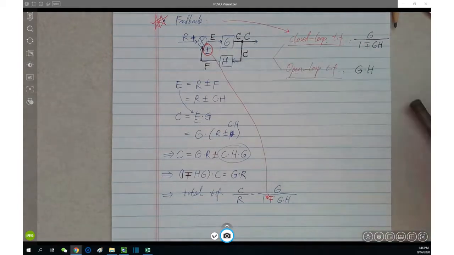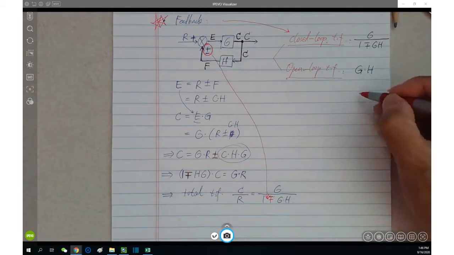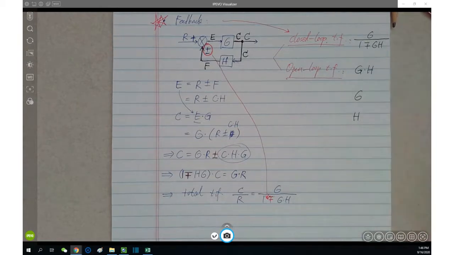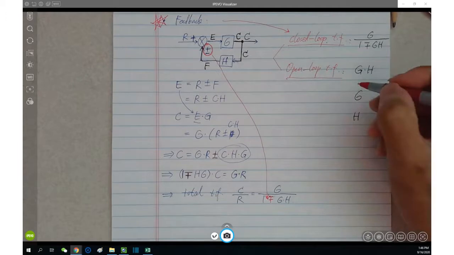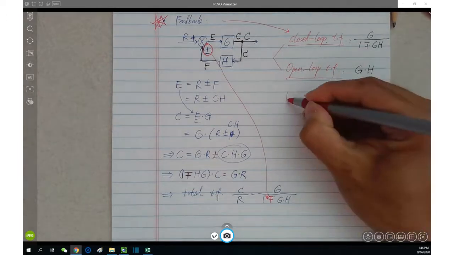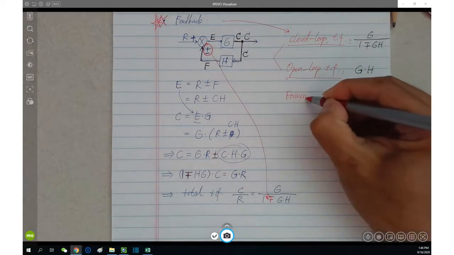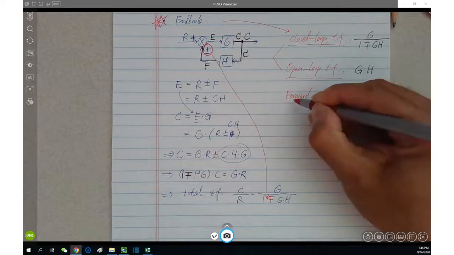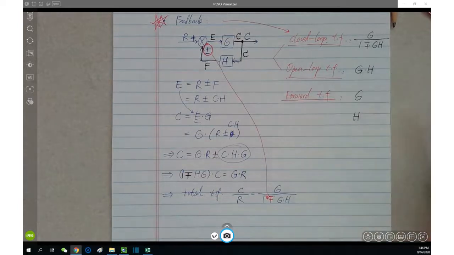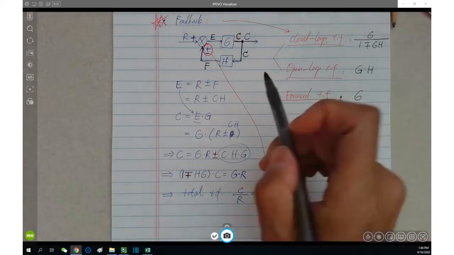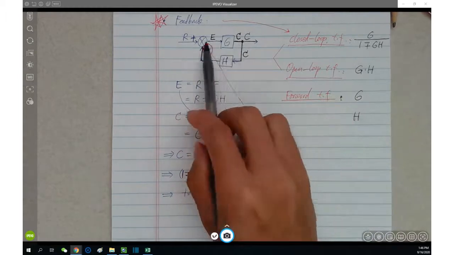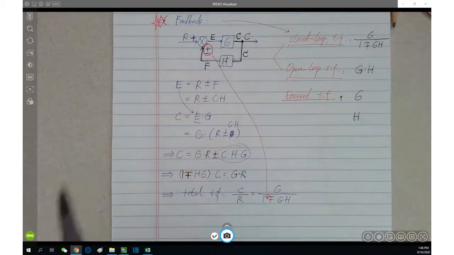And then how to define G and H then? G is called the forward transfer function. Okay. Forward path, you see? Forward path here. It's G. H is what? This is easy.